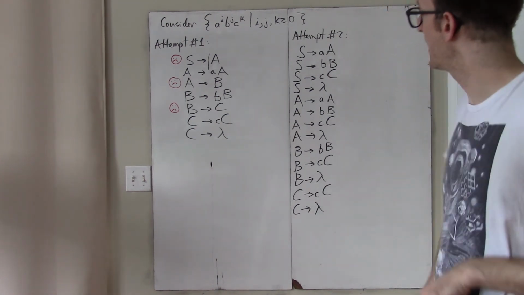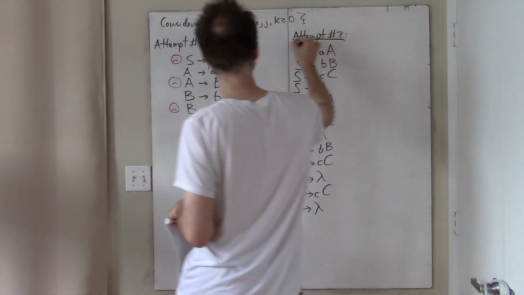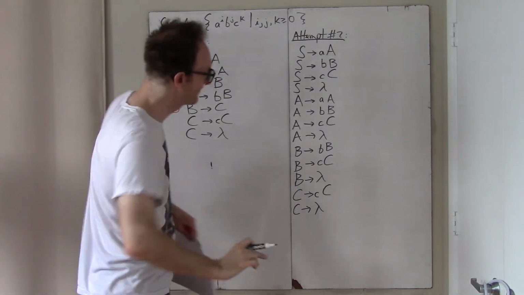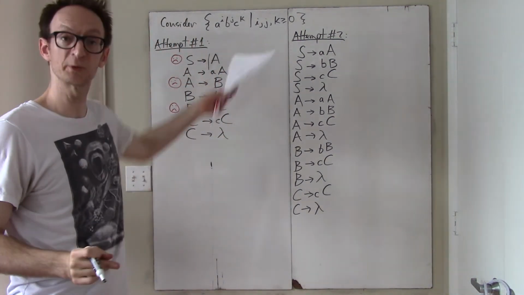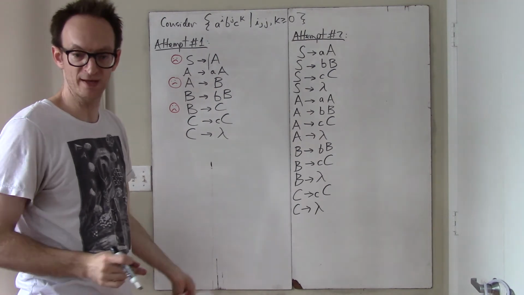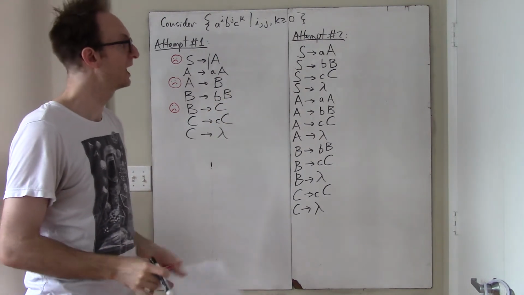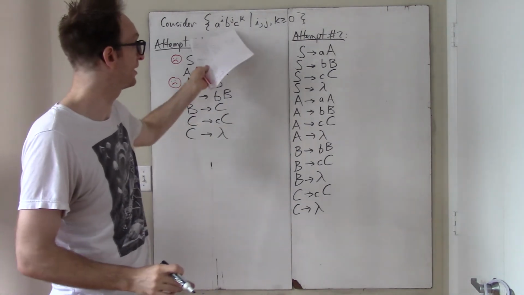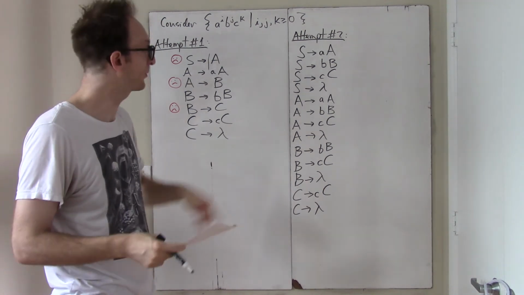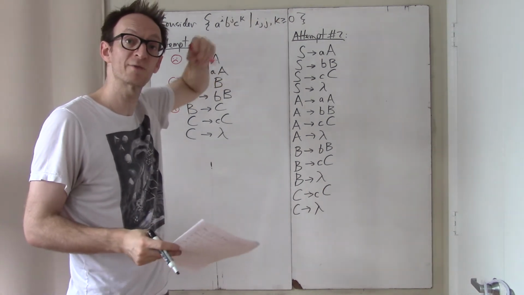So, attempt 2 was maybe a little bit more difficult, but surely you will see that this is regular. I think it's very intuitive that this grammar does generate all these strings, but more importantly, this grammar is regular because it meets all of our conditions for being regular.